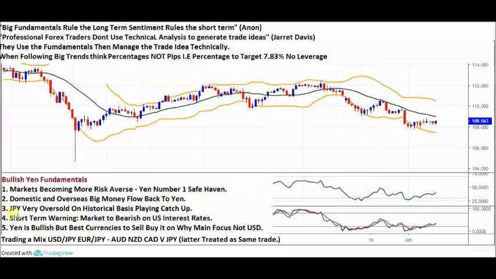Now, in addition, the JPY is very oversold on a historical basis, so it's going to play catch up to correct oversold. Okay, the short-term warning that the dollar could bounce is the market is just too bearish on US interest rates. Okay, so I think a bounce is probable. The big trend is down, however.